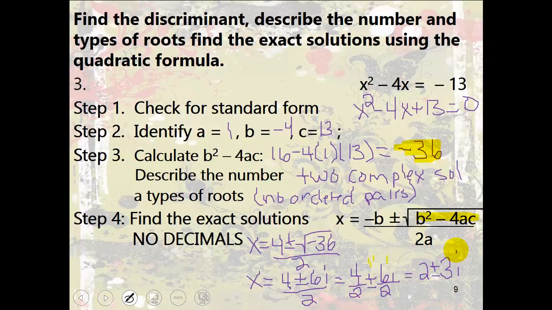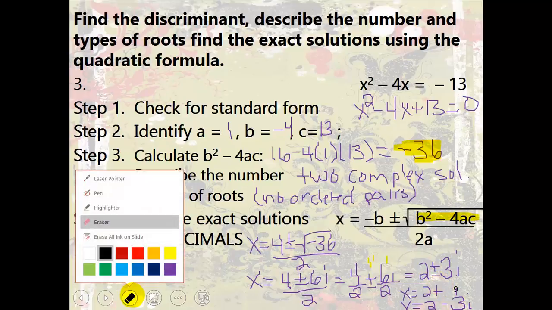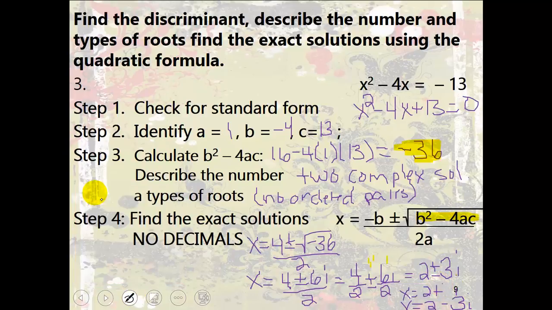So my solutions are 2 plus 3i and 2 minus 3i. And I don't write them as ordered pairs.